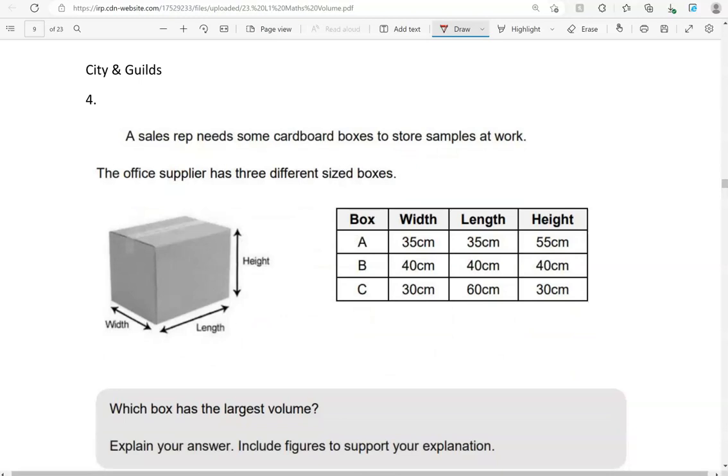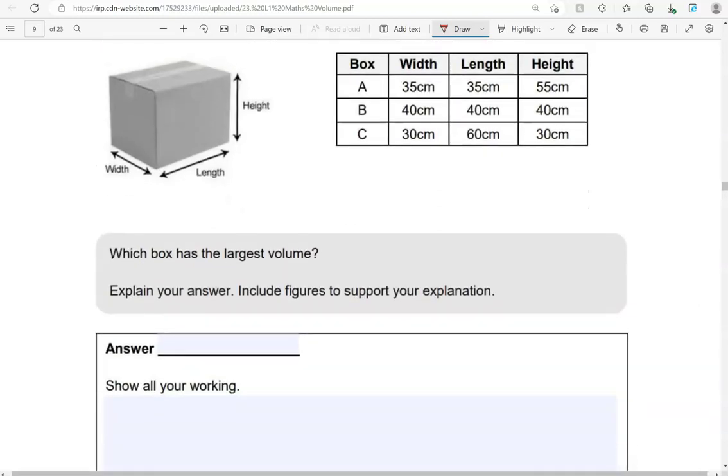A sales rep needs some cardboard boxes to store samples at work. The office supplier has 3 different sized boxes. Which box has the largest volume? Explain your answer. Include figures to support your explanation. So we've got box A, which has width 35 centimeters, length 35 centimeters, and height 55 centimeters.